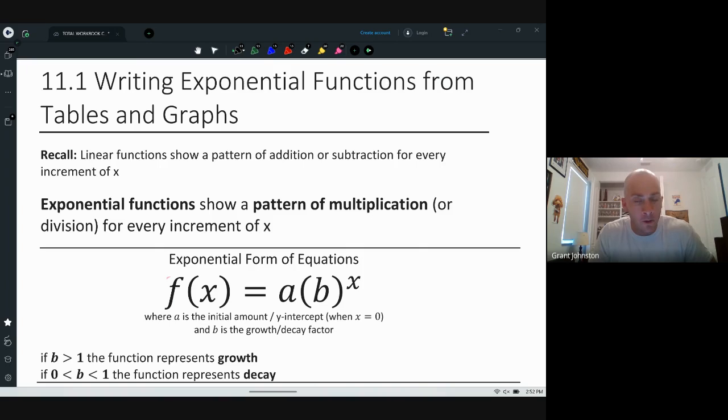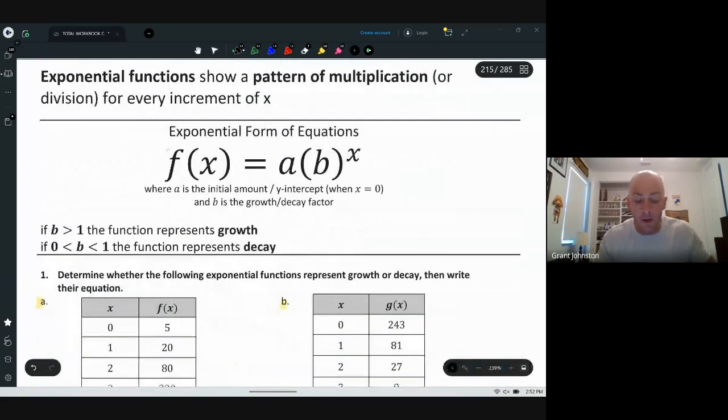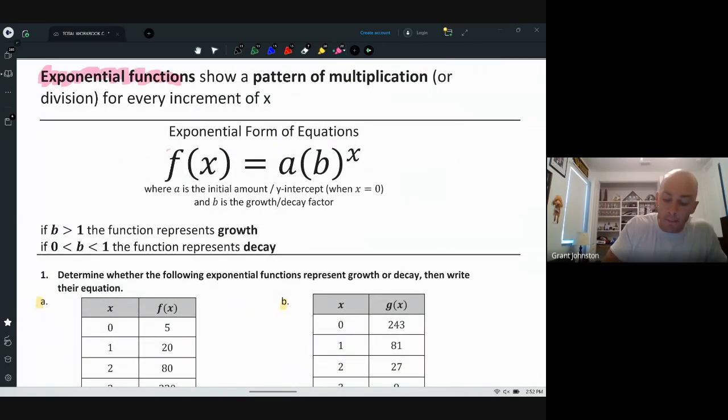Okay, so now exponential functions is a whole separate thing. Exponential functions show a pattern of multiplication, and or division as well.